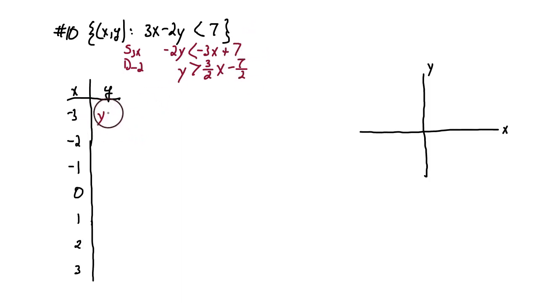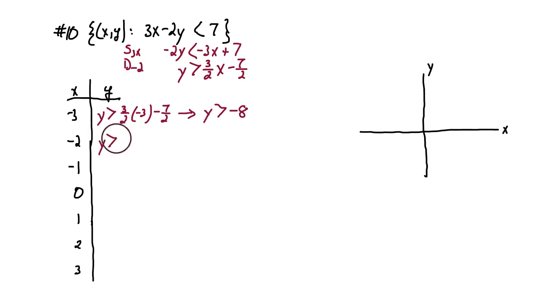Now let's make our substitutions. Fill in -3 for x. This makes y is greater than 3 times -3 is -9/2 minus 7/2, which is -16/2, the same as -8.